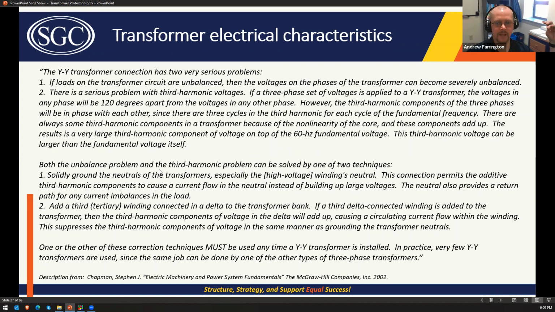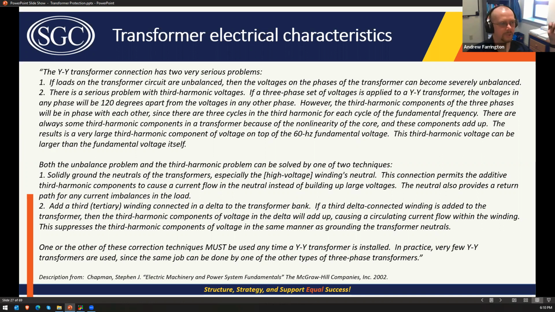So both the unbalanced problem and the third harmonic problem can be solved by one of 2 techniques. Solidly ground the neutrals of the transformer, or especially the high voltage winding's neutral. This connection permits the additive harmonic components to cause a current flow in the neutral instead of building up large voltages. The neutral also provides a return path for any current imbalances in the load.